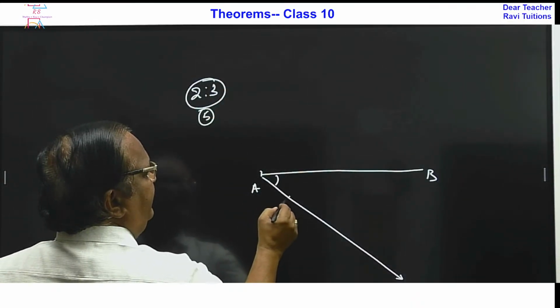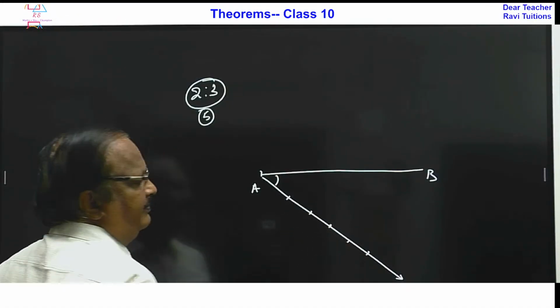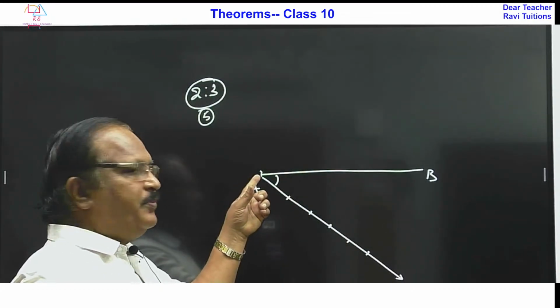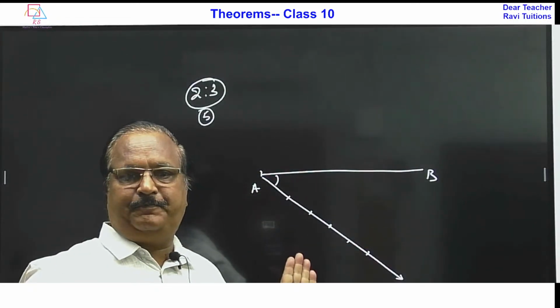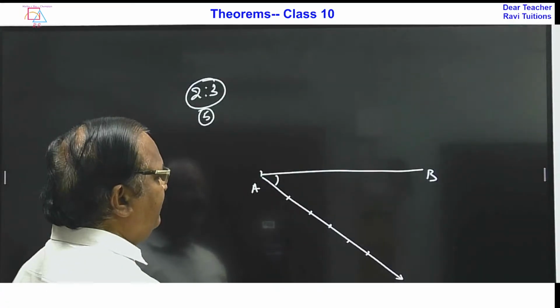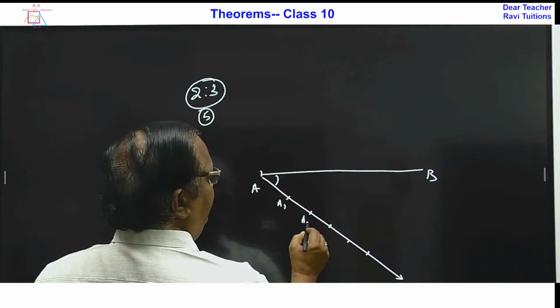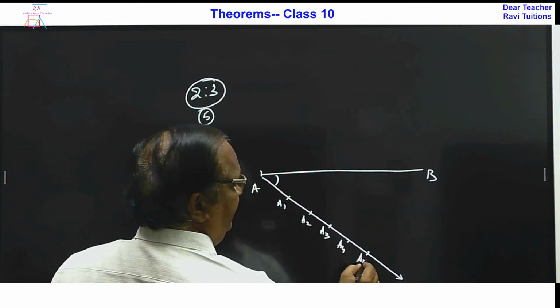You cut 5 arcs, 1, 2, 3, 4 and 5. Take the compass, use the first point A and make equal arcs on this line. So then what happened? Let us say this is A1 and A2 and A3 and A4 and A5.